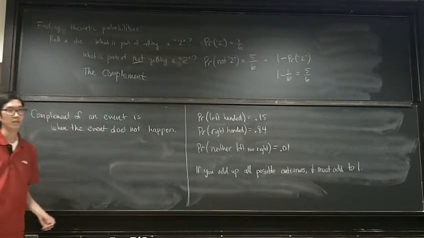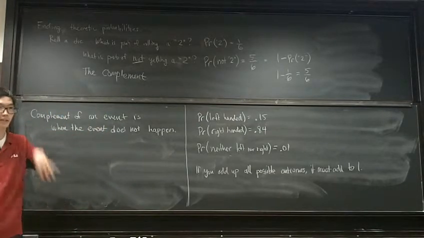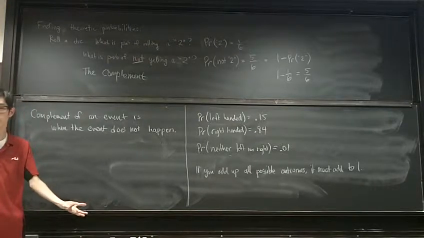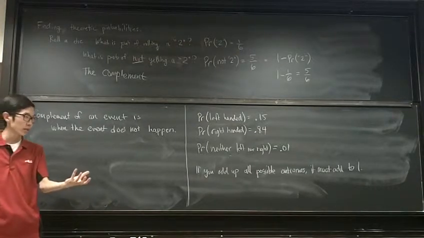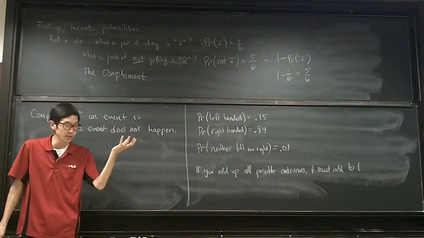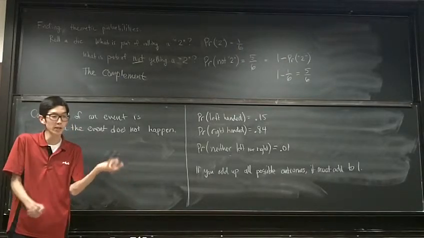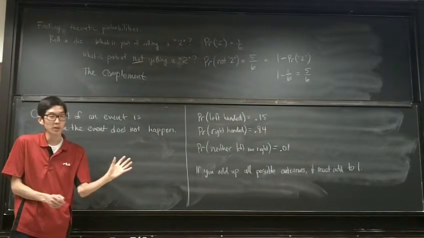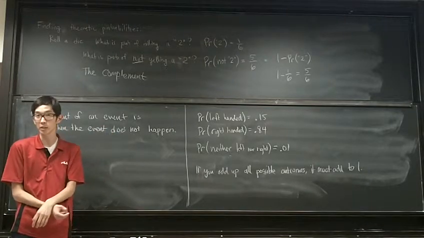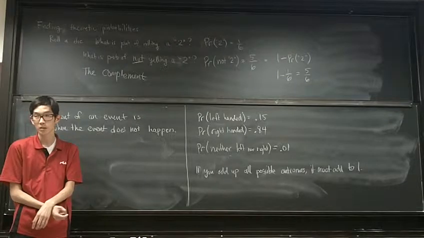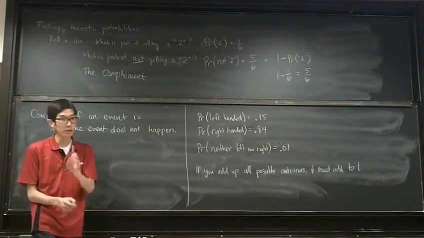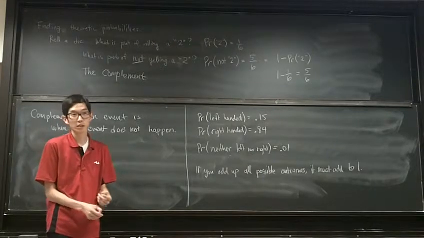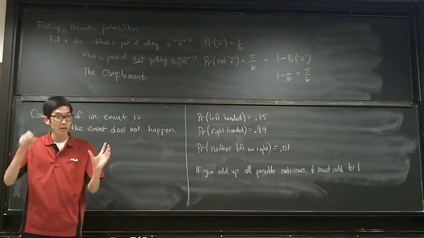Let's make sure we understand this question. A baby is born. If the event is the baby is male, what's the complement of the baby being male? It's the probability that the baby is not male.